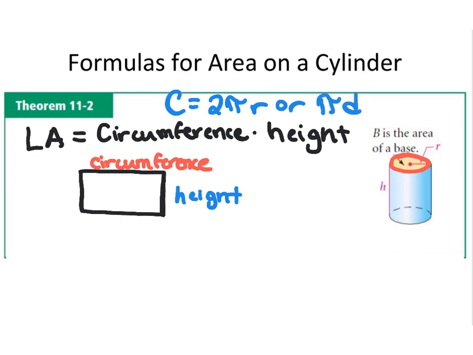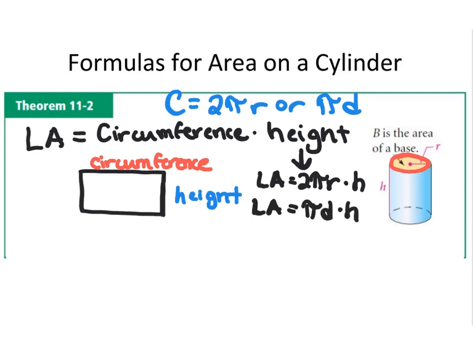So you could say the lateral area equals 2 pi r times the height, or pi times the diameter times the height. However, the key thing to remember is that the lateral area is the circumference times the height.